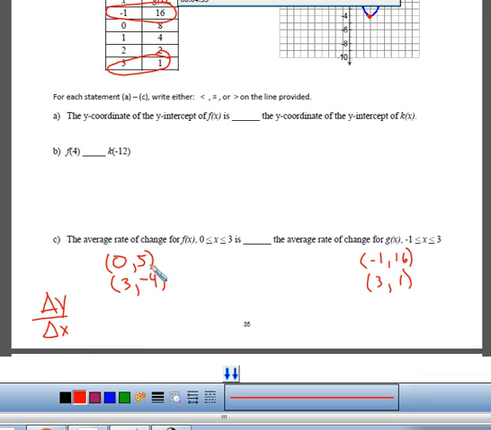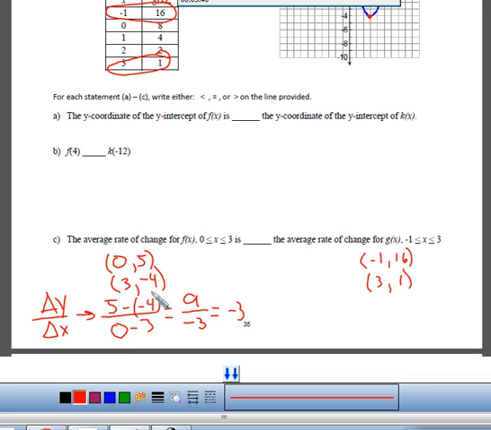Here's my y values, and you can subtract it any way you want, just find the change. So I'm going to do 5 minus negative 4, and then I'm going to do 0 minus 3. The reason it doesn't matter is because if you switch them around, and did negative 4 minus 5, and then did 3 minus 0, you'll see. 5 minus negative 4 is like 5 plus 4, and that's 9, over negative 3, which gives you negative 3.